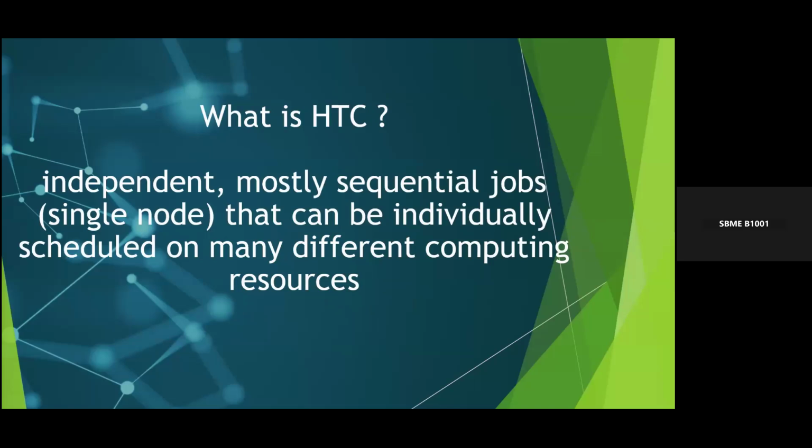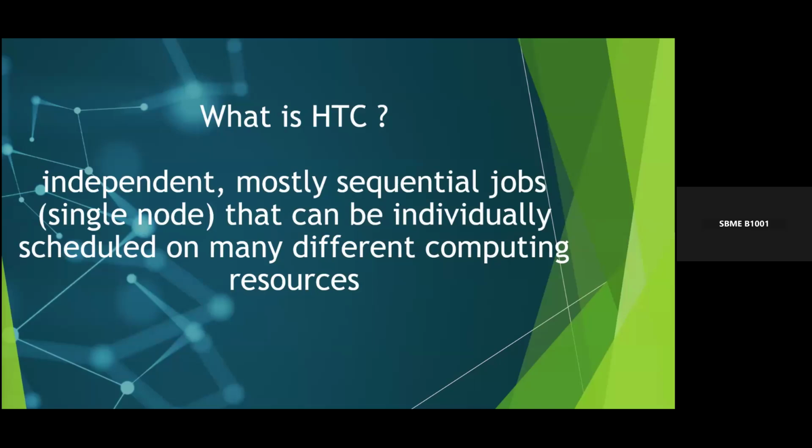And HTC stands for high throughput computing. Once again, that's a more or less well-defined definition.